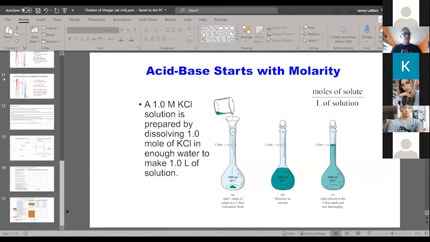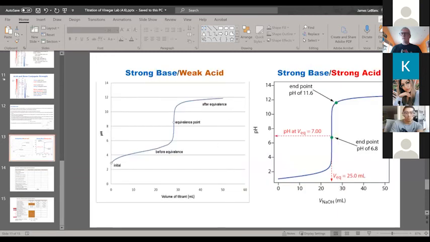All right. Okay. Right. So it's basically asking about the titration we're doing right now. So I can just go back to the slides and pull that out.